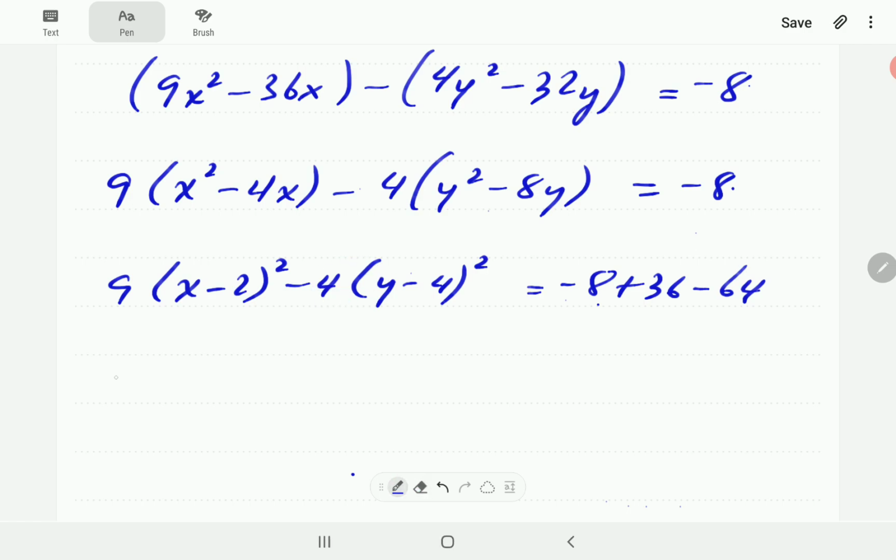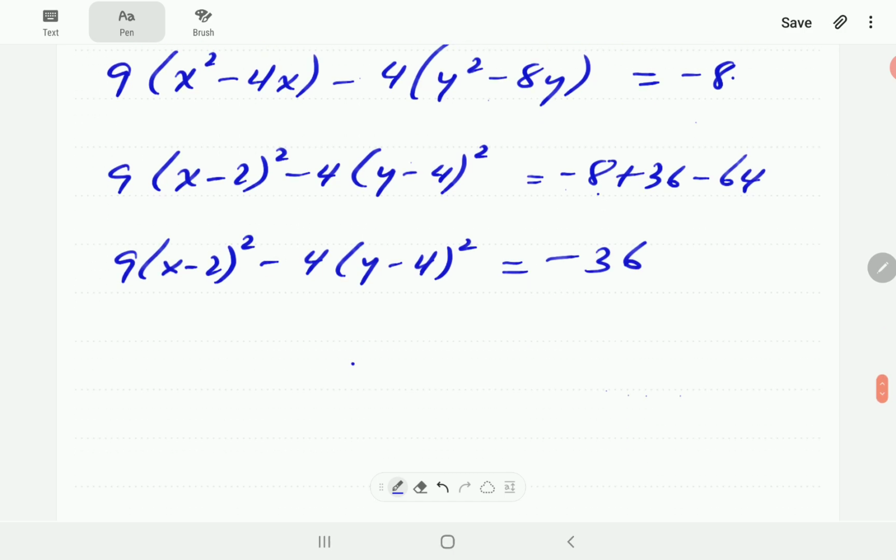So this thing is going to be 9 into x minus 2 squared minus 4 into y minus 4 squared equal to, on the left hand side we have got 36 minus 8 minus 64, which is minus 36.